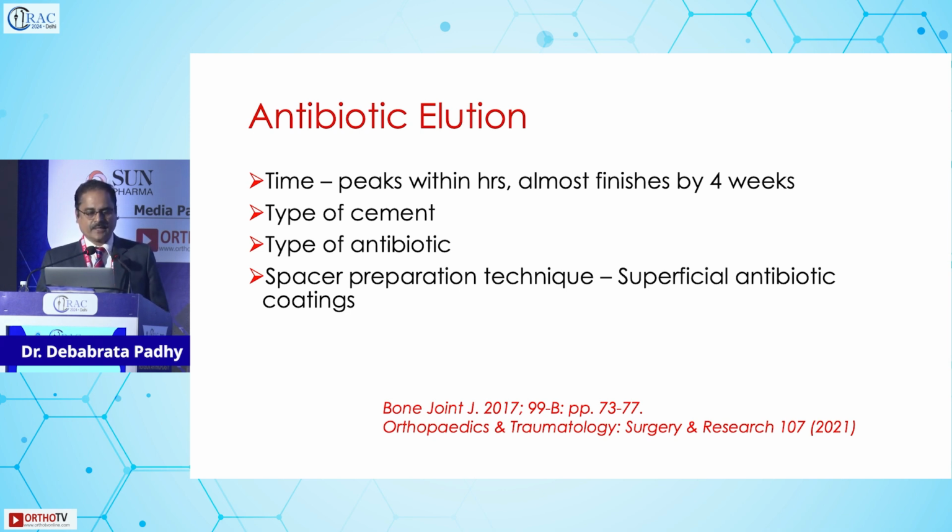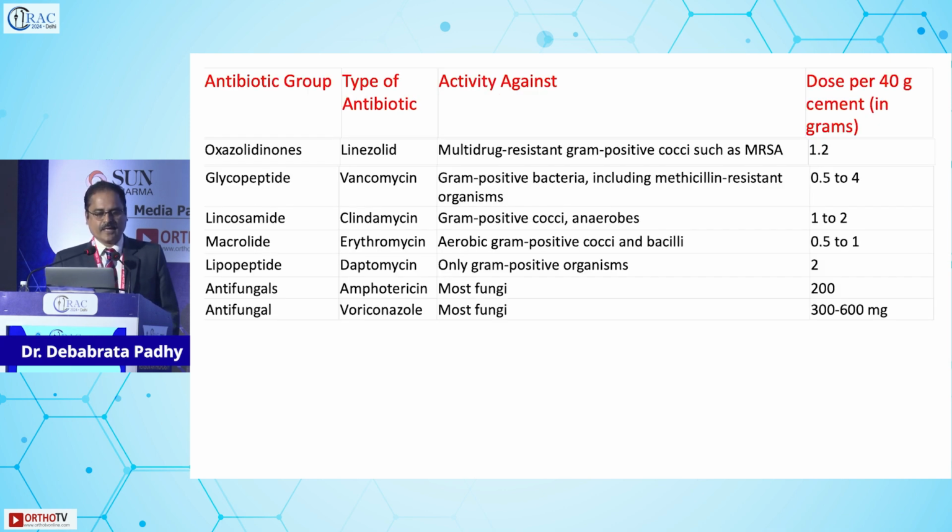In spacer preparation technique, a superficial antibiotic coat nowadays is approved for better antibiotic delivery at the site. Different antibiotics can be used in a 40-gram cement. It is better to use the powder form of the antibiotics for better mixing with the powder of the cement rather than the liquid.